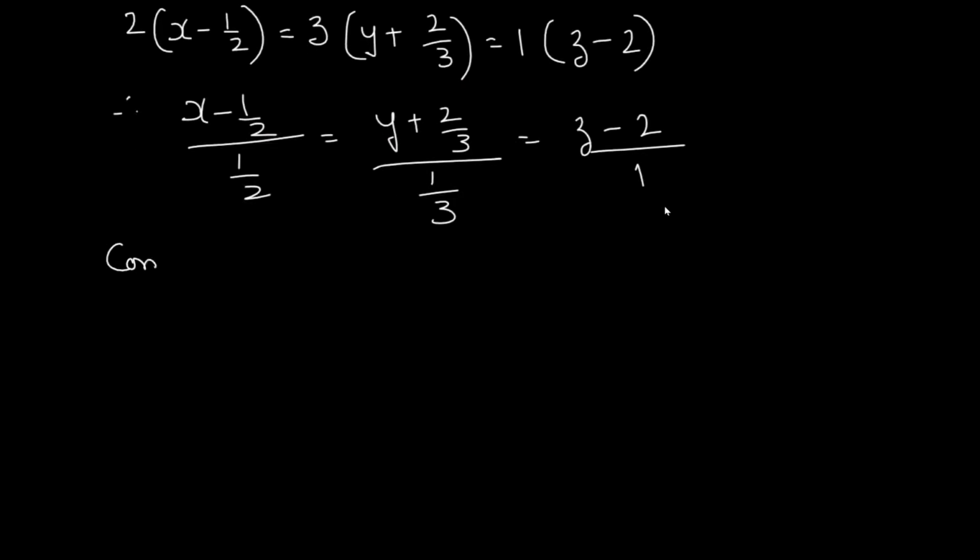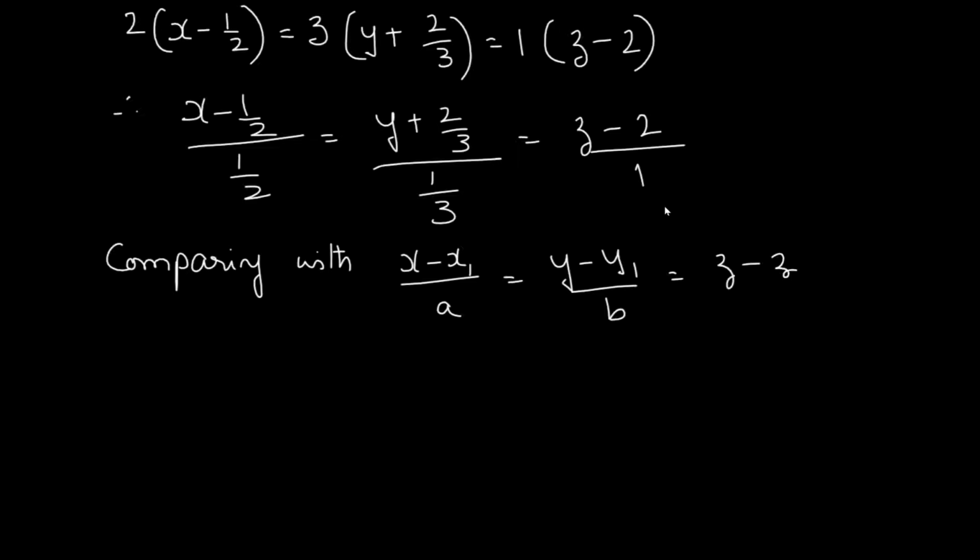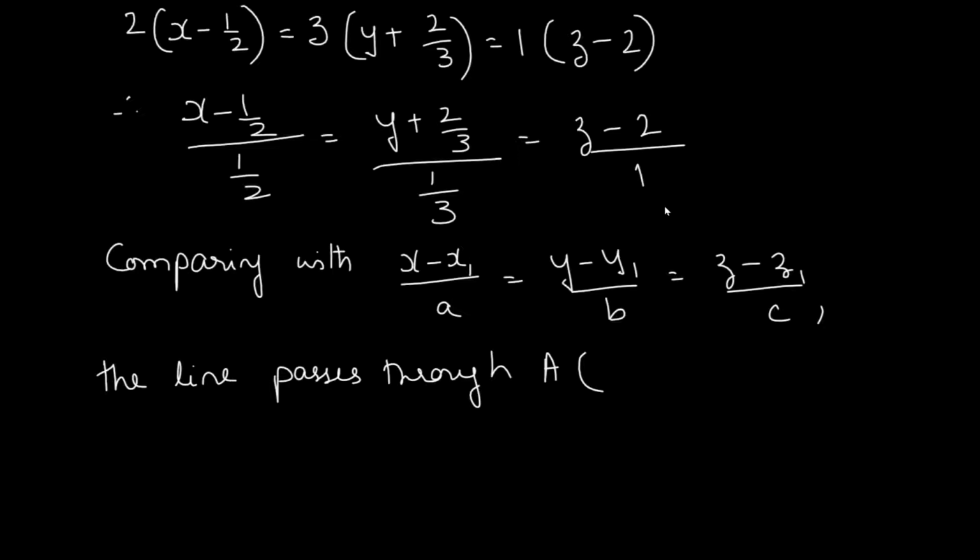So comparing with x minus x1 upon a is equal to y minus y1 upon b is equal to z minus z1 upon c, we can say that the line passes through a point, say A. In the standard equation, A has the coordinates x1, y1, z1.